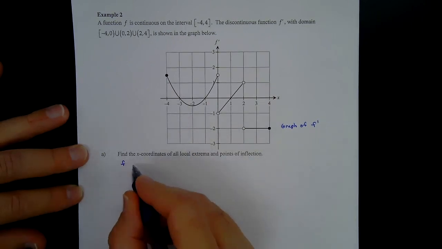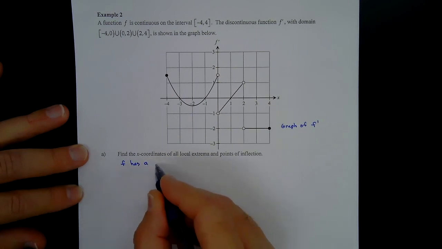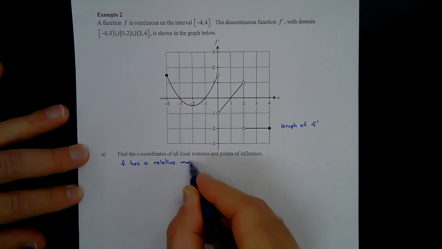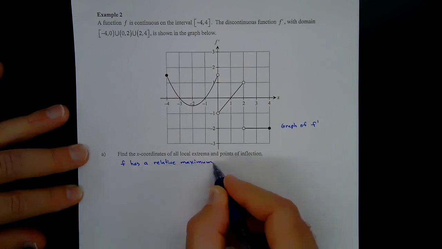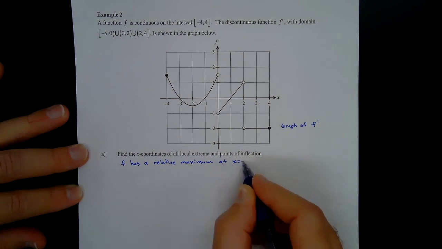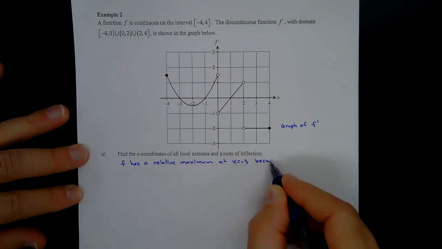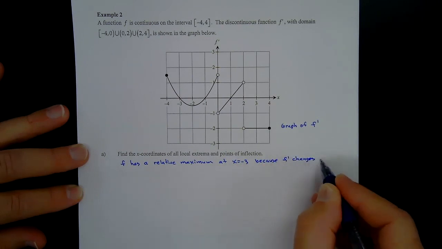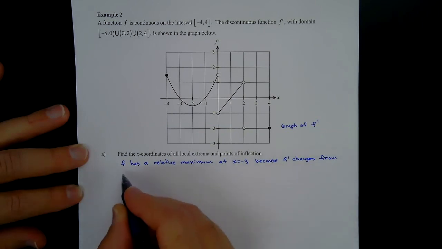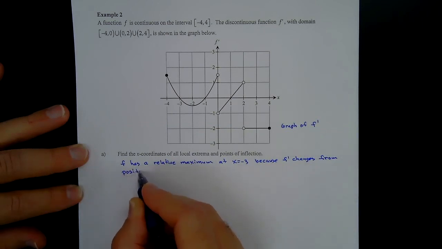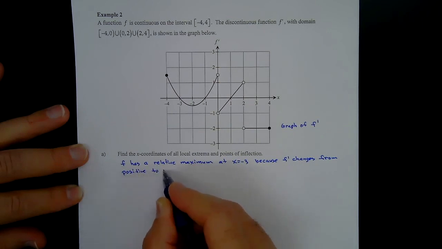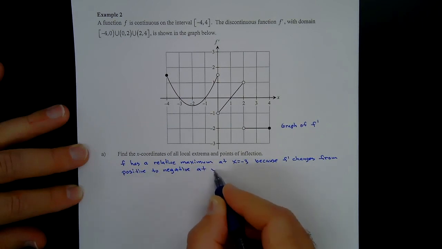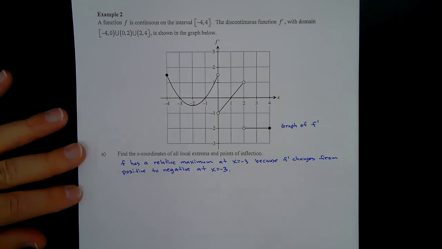So we'd say f has a relative maximum at x equals -3 because f prime changes from positive to negative at x equals -3. And I'm going to do a separate sentence for each one of these, okay?